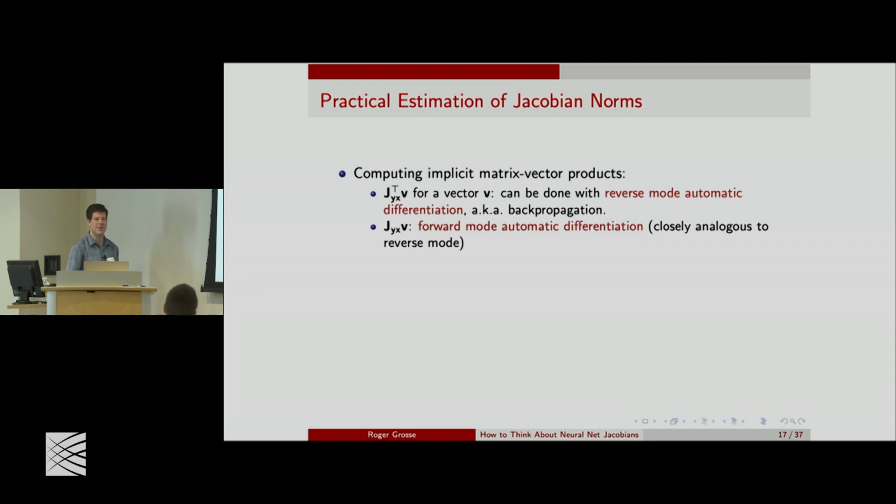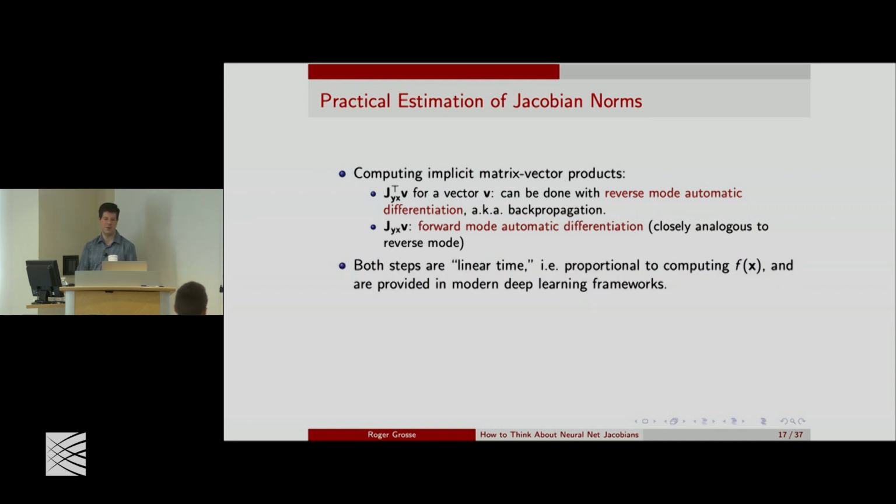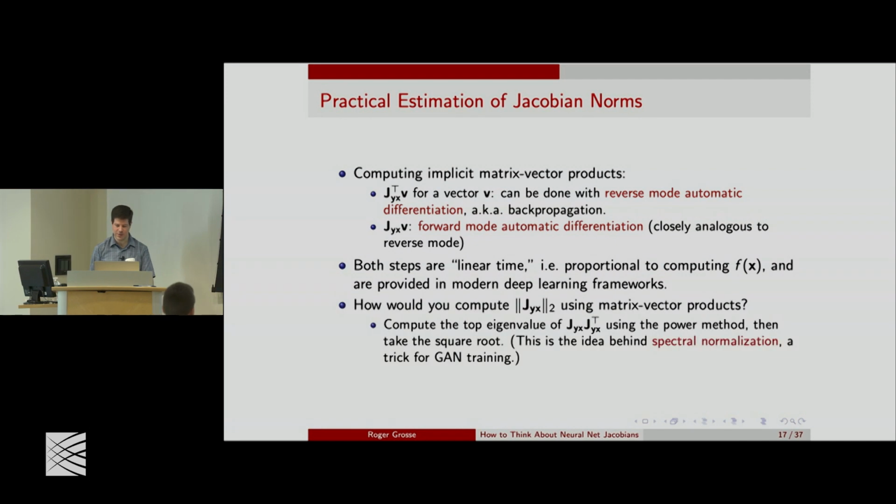It's used less often in machine learning, but the major frameworks like TensorFlow, PyTorch, JAX support it. That gives a way of multiplying the Jacobian times a vector. Fortunately, these are both linear time operations, so they're roughly as expensive as computing the function itself. And it's just one line of code in the major frameworks.